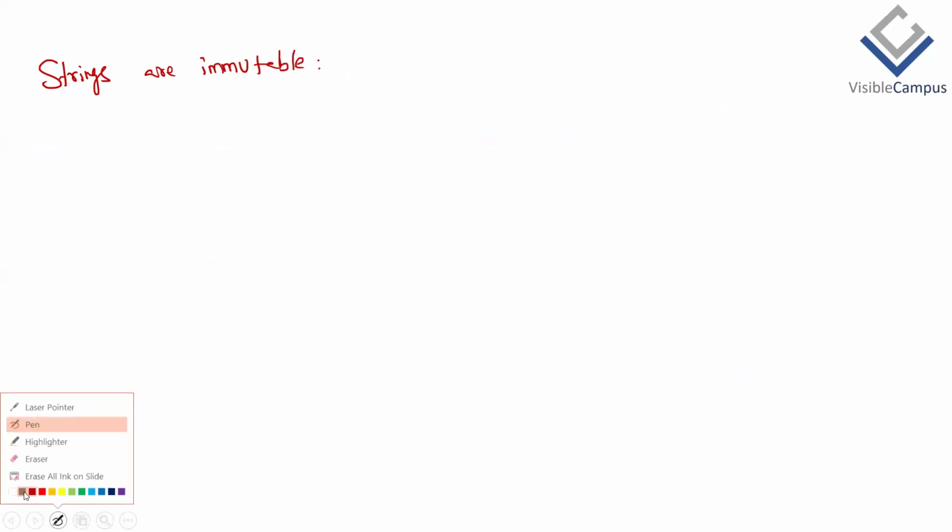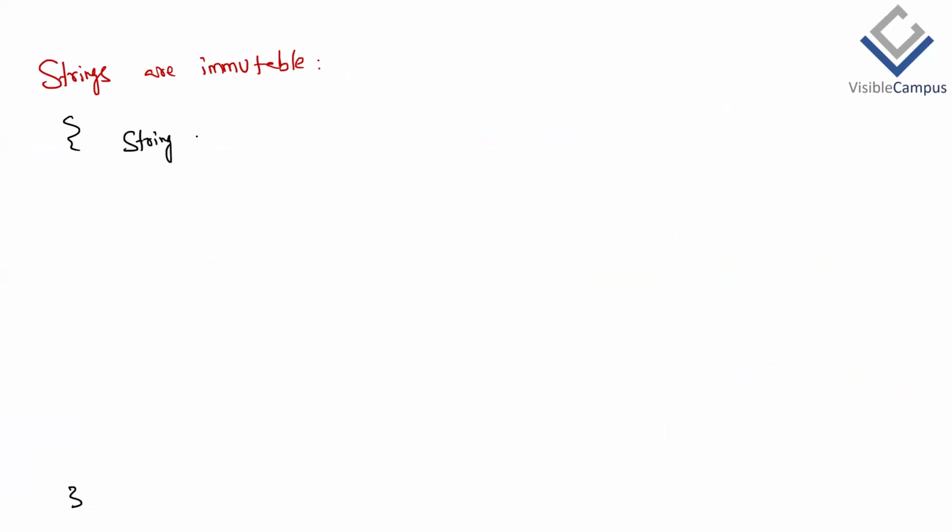Now, what is this? Strings are immutable. What's the meaning of this? For that, we will understand the meaning. Assume I'm writing my program inside a main method. First I'll take string S1 equals Java.